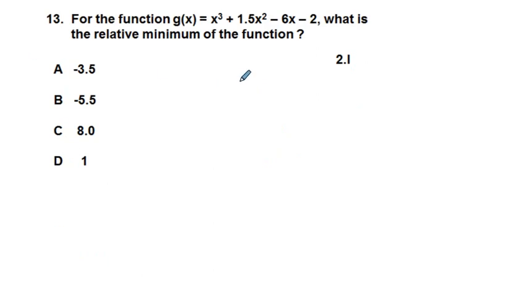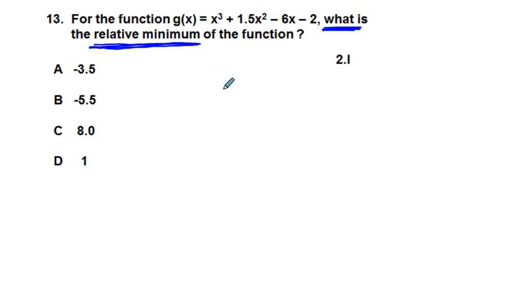Next, for the function g of x equals x cubed plus 1.5x squared minus 6x minus 2, what is the relative minimum? So in this case we have the word what instead of where, and it also says the relative minimum. And minimums and maximums themselves are always going to be output values or y values.